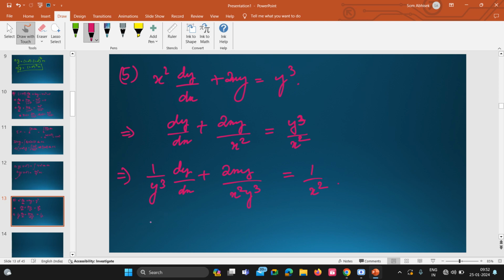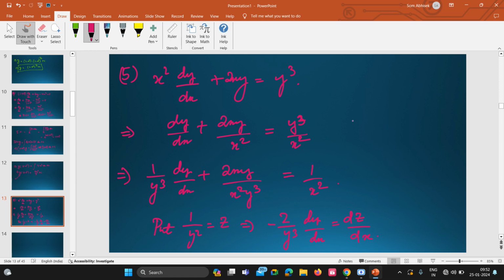See what will I do here? I will take this 1 by y square as z. So put 1 by y square is z. Why? Because the derivative is this one. So I can write it as minus 2 by y cube dy by dx is equal to dz by dx, isn't it?